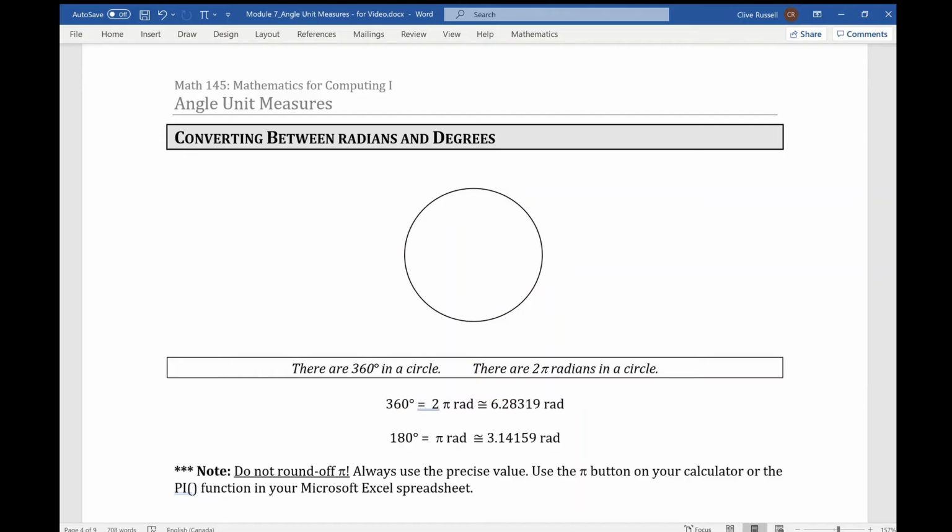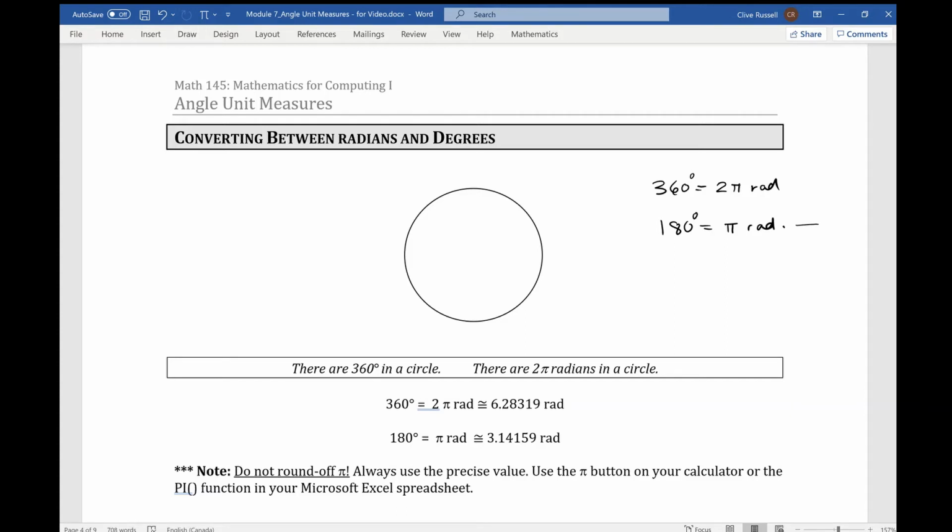And now we're going to be looking at radians and degrees. We'll be converting from radians to degrees and degrees to radians. I sort of alluded to that at the very beginning when I said that the circle is 360 degrees, which is the same as 2 pi radians. Now this can be reduced. If you divide both sides by 2, then you get 180 degrees. It's the same as pi radians.